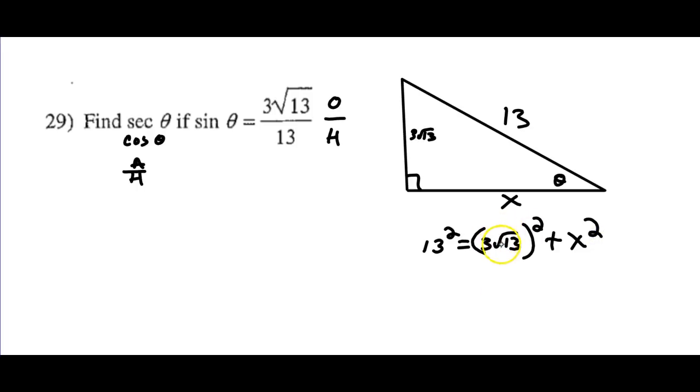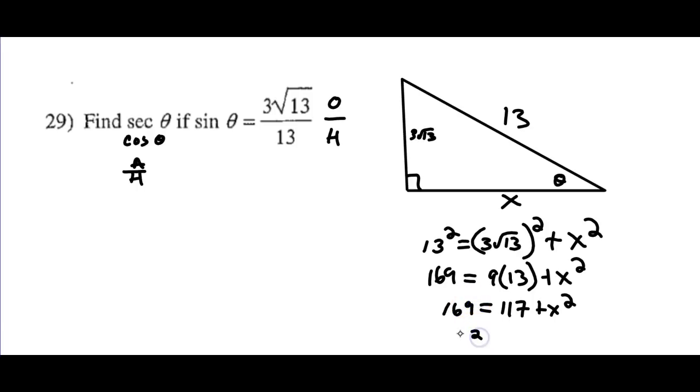I know that square root of 13 squared is just 13. 3 squared is 9. 13 squared is 169. 9 times 13 is 90 plus 27, so it's going to be 117. And so I'm going to get 52 is equal to x squared. So x is equal to the square root of 52.